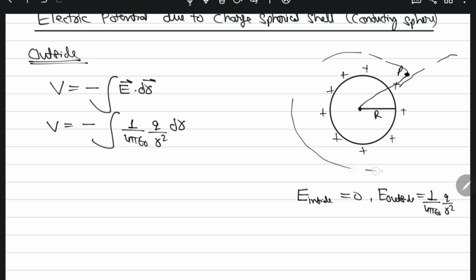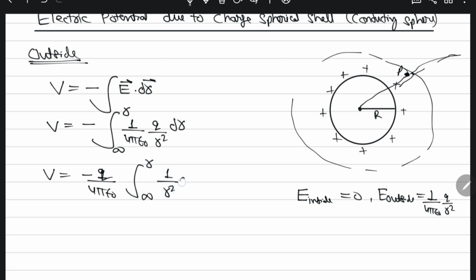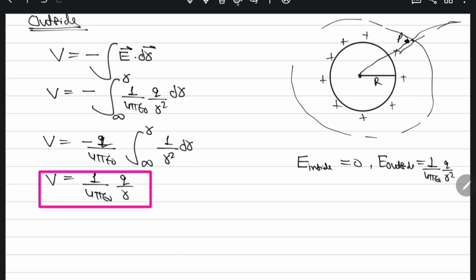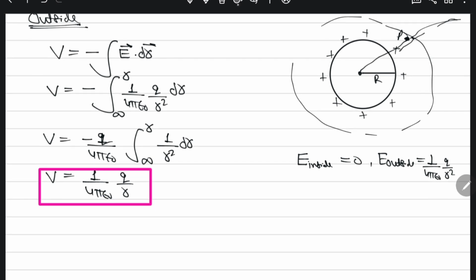I draw a Gaussian surface. Infinity to some point P, that is small r. So that is 1 upon 4 pi epsilon naught integration from infinity to r of 1 by r square dr. So then I find that it is 1 upon 4 pi epsilon naught q by r. So this is the electric potential due to the charged spherical shell outside.